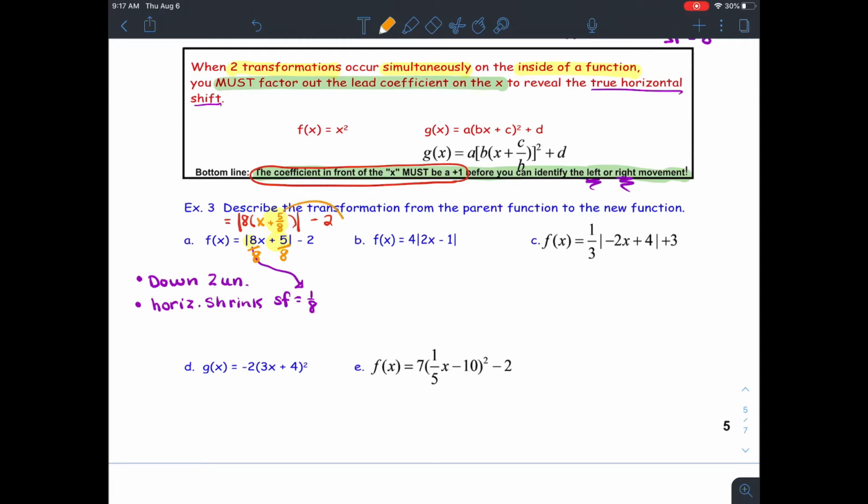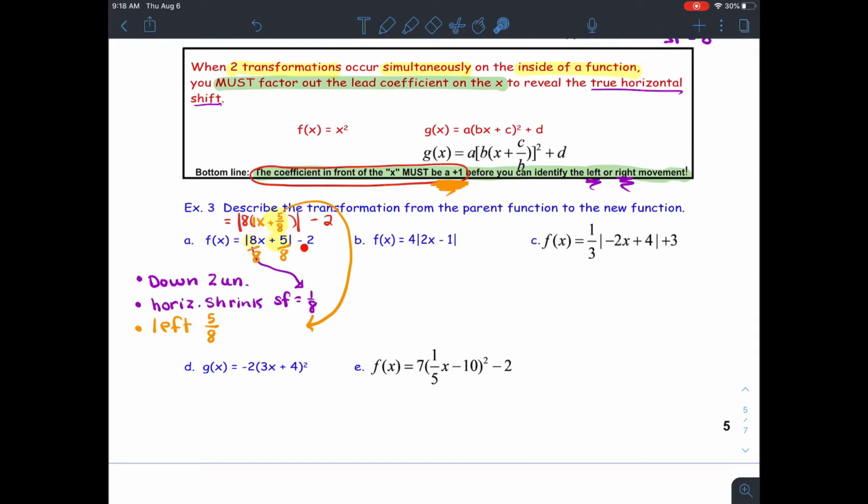I want to make sure you can see this here. This is what you would look at when you write down how many units this actually moved left or right. Because there's a plus 5/8, once I have made the number in front of the x a positive 1, I'm going to say this is going to the left 5/8 of a unit.